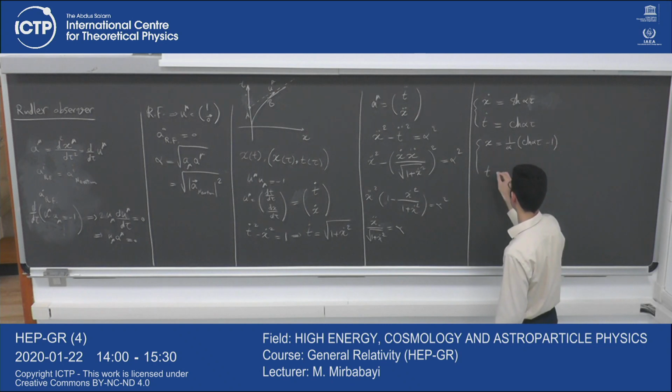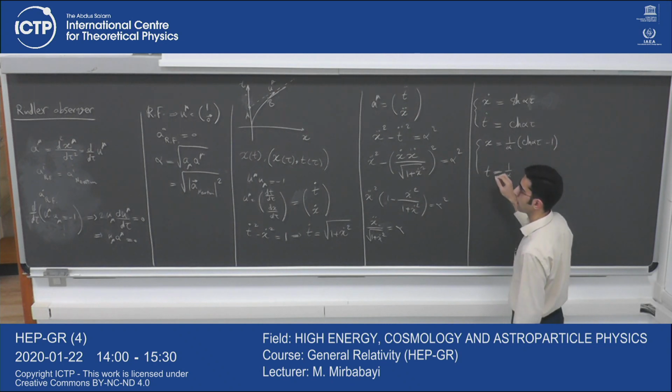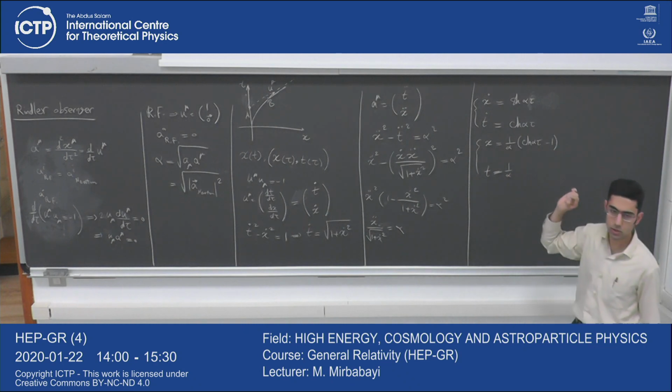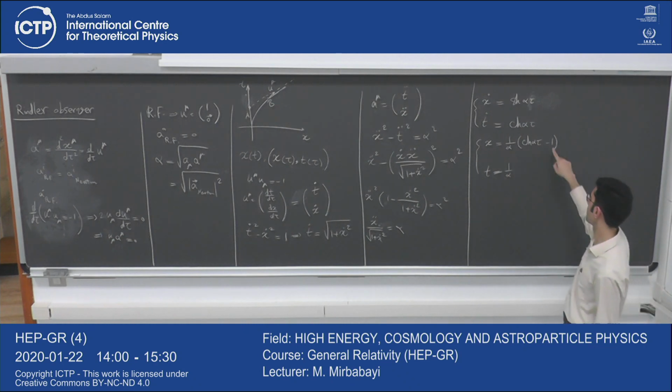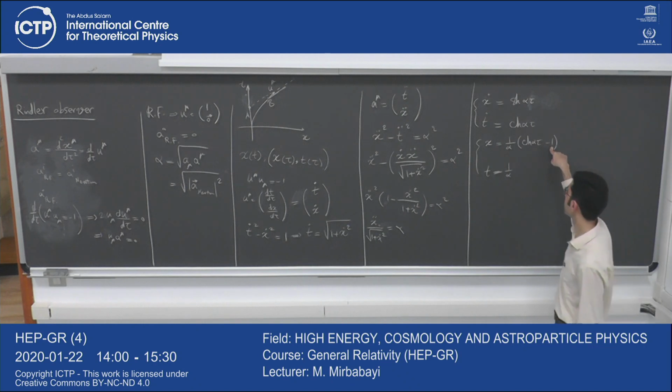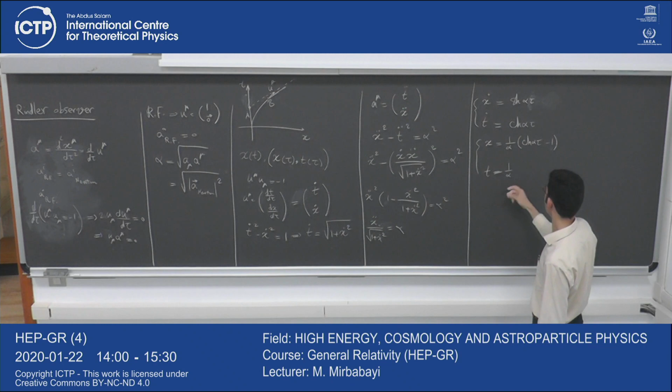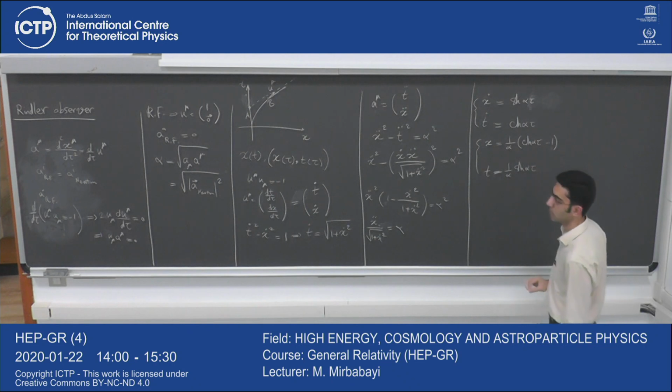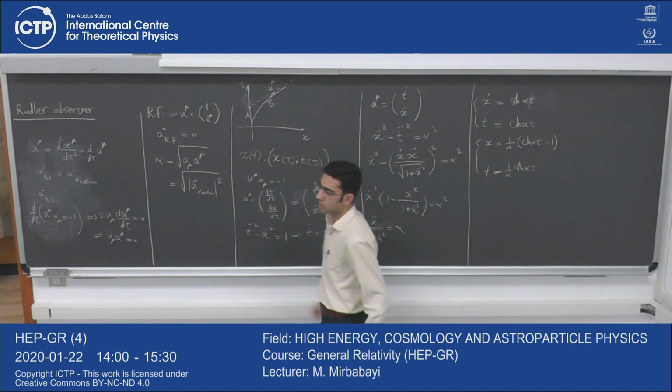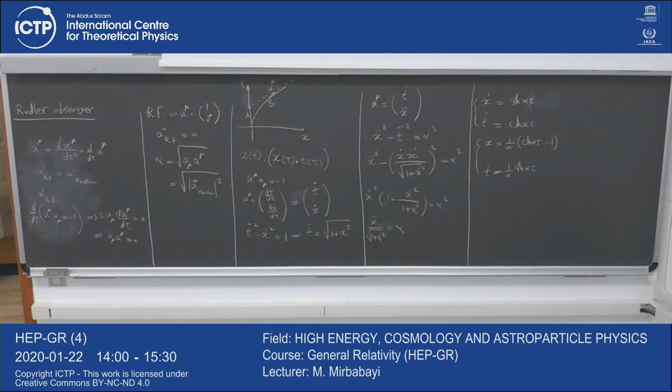Again, I'm fixing the integration constant so that at tau equal to 0, Bob starts at the origin. So that's how I fix this one here. And then t is equal to sinh alpha tau. Now, this is indeed the equation of a hyperbola that is going through the origin. Any question up to here?